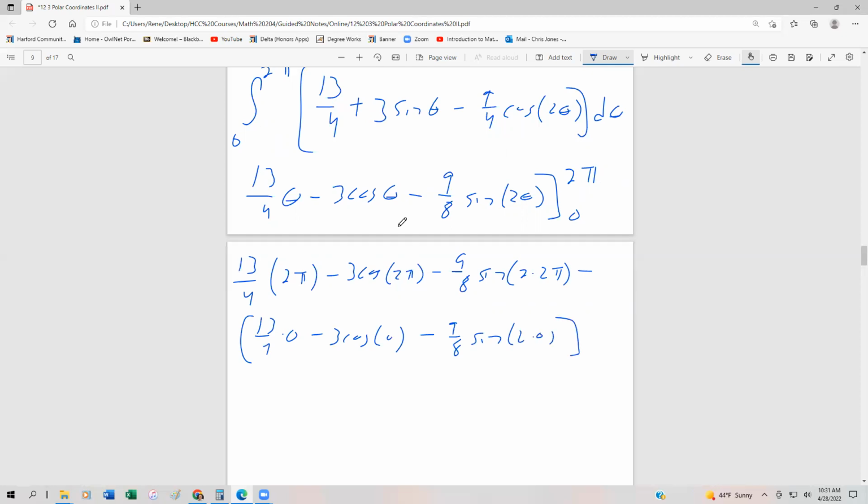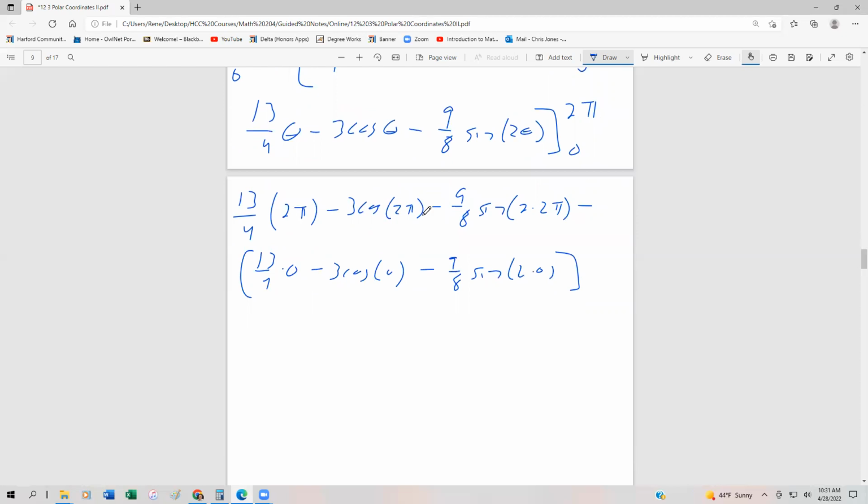At this point, there is a little bit of good news. 13/4 times 0 is 0, and 13/4 times 2 pi is going to be 13 pi over 2. The cosine of 2 pi is equal to 1, and the cosine of 0 is equal to 1. Notice that we have a negative 3 minus a negative 3, so those are opposites and they cancel out.